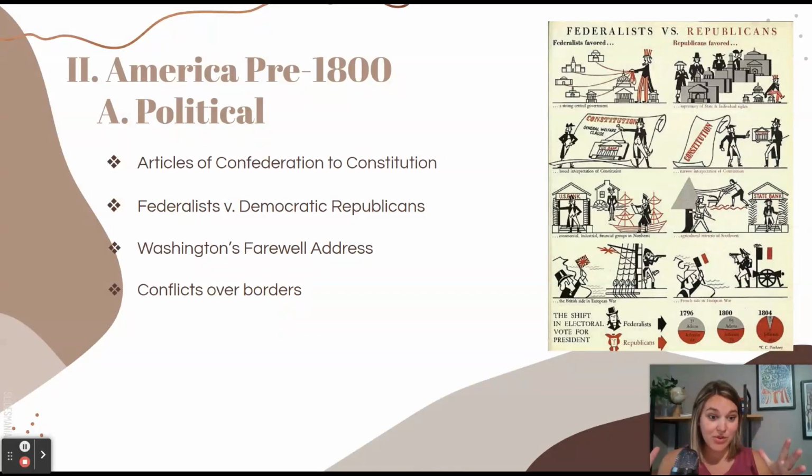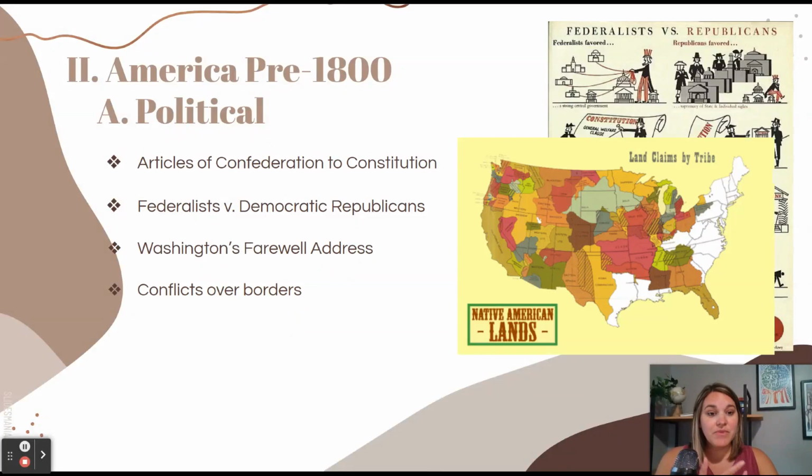There's just one political party, kind of as Washington may have dreamed it. Another political issue that has huge ramifications for period 4 is going to be conflict over borders. So there's significant conflict with nations like Spain, France, and Britain, as well as American Indians. And so as America is expanding, we're going to see political issues developing with other nations.